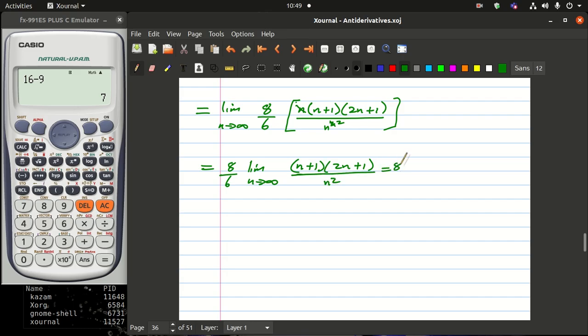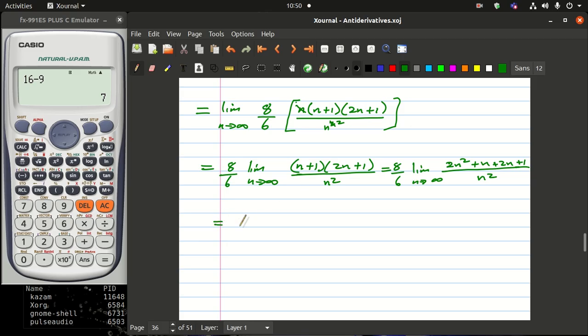And of course, this is going to be 8 over 6 times the limit as n approaches infinity. Inside here, I'm going to expand this. n times 2n is going to be 2n squared, n times 1 is n, 1 times 2n is 2n, and 1 times 1 is 1, all divided by n squared.